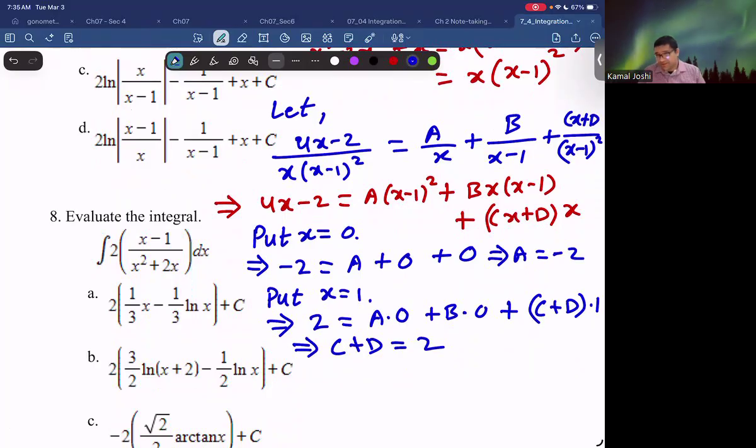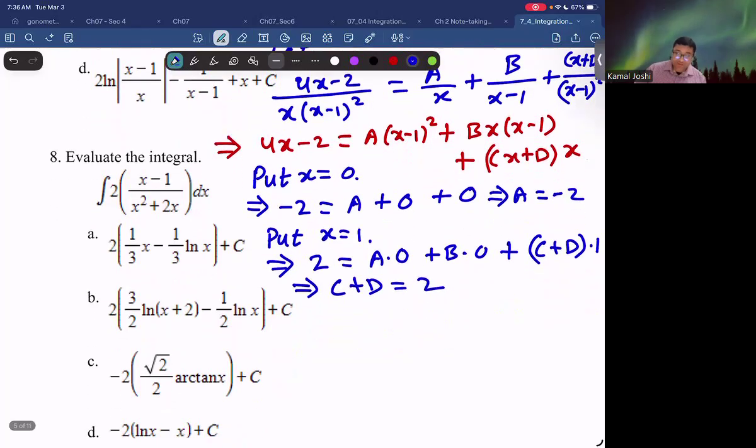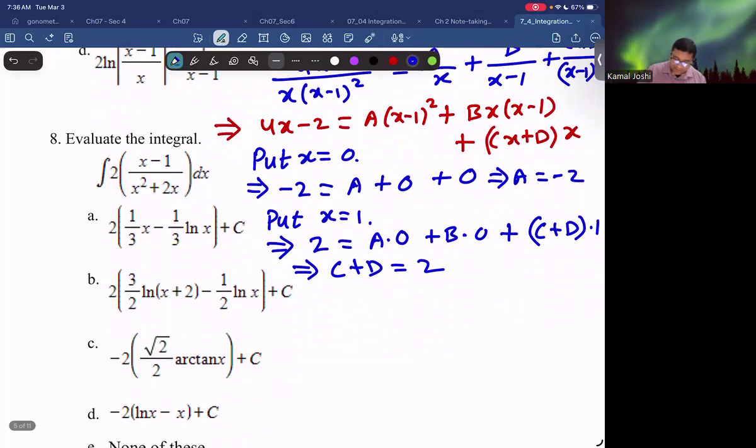What else? You have plugged in x equal to 0, you have plugged in x equal to 1. Now, putting anything else for x is not going to make the entire terms vanish, you know. So this is the time where you solve equations. Now you are going to plug in more values. Put x equals -1. Small numbers, okay, that is the best way to do it.